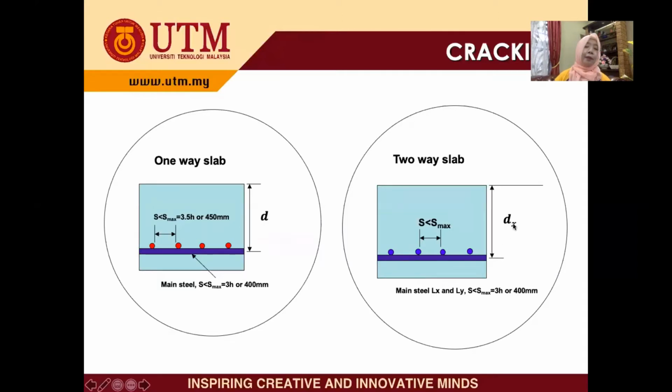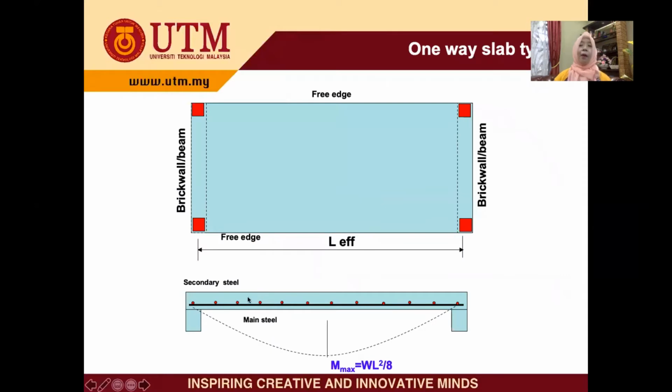So this is for the two-way slab. Now, one-way slab types. Before we design, we need to identify the type of one-way slab. Just now I showed you that a one-way slab is when Ly over Lx is greater than 2.